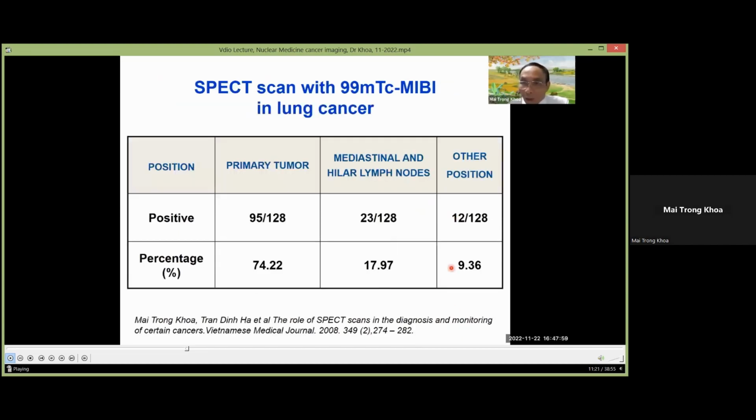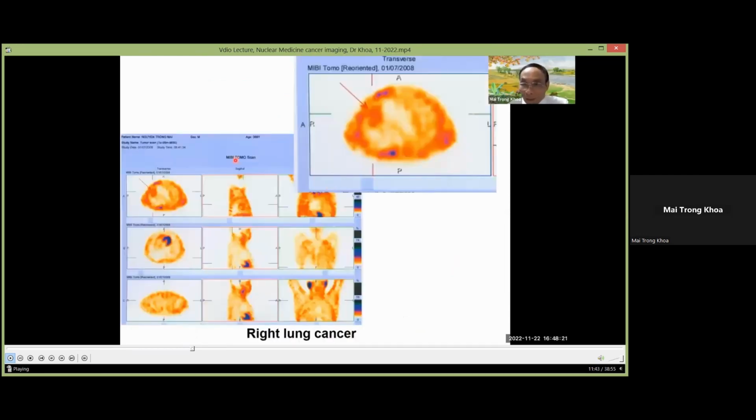One of the studies also shows that SPECT scintigraphy of lung cancer with 99mTc MIBI can detect the primary tumor at a high rate, more than 70%. We can easily see the primary tumor in the right lung when scanned with SPECT. You can see here.